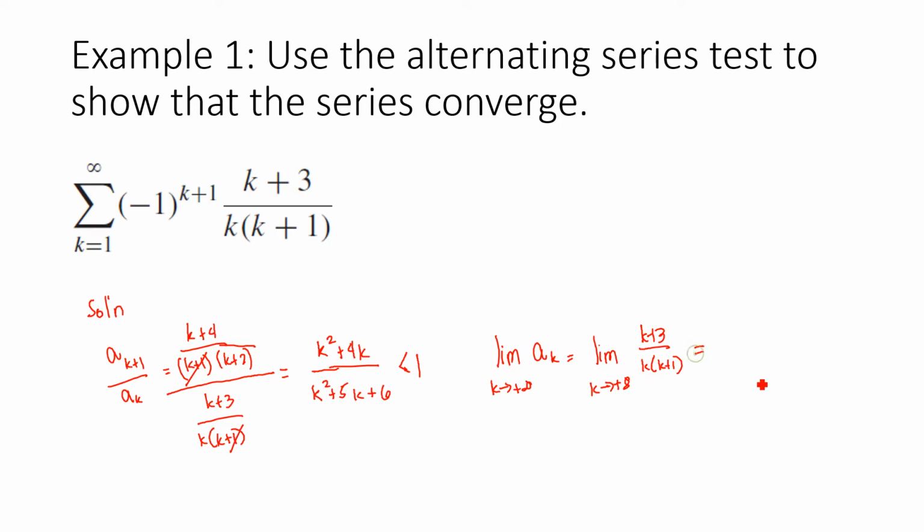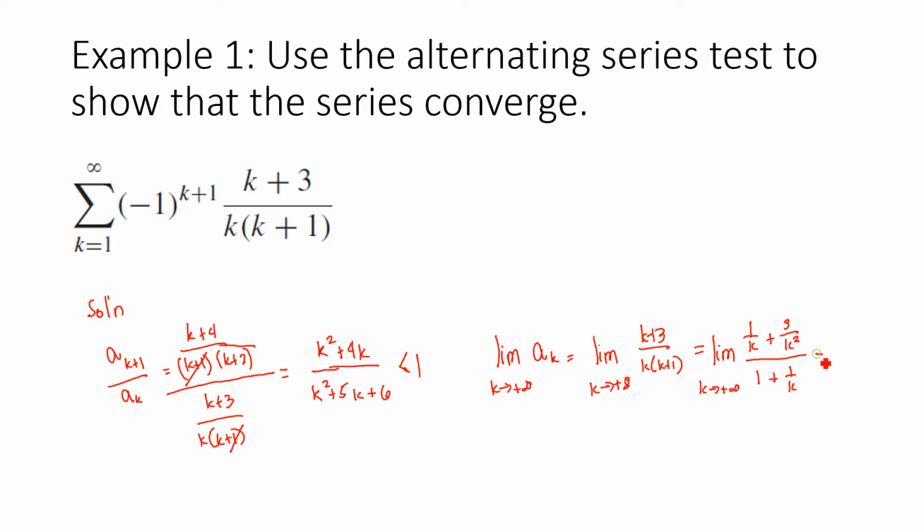So in this case, we divide numerator and denominator by the highest degree, which is k squared. So you have the limit of 1 over k plus 3 over k squared, all over 1 plus 1 over k, as k approaches positive infinity.